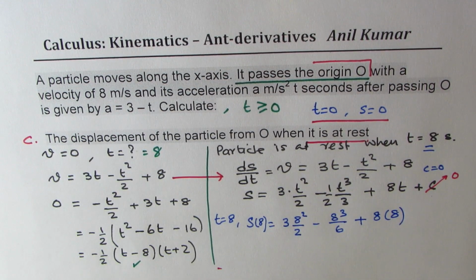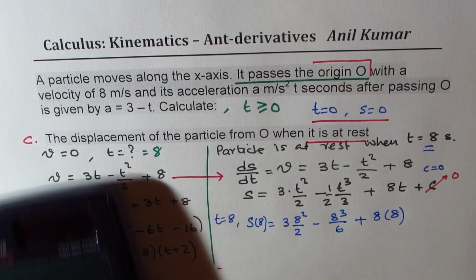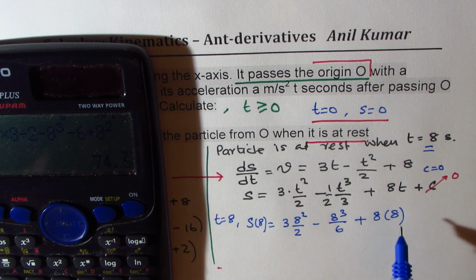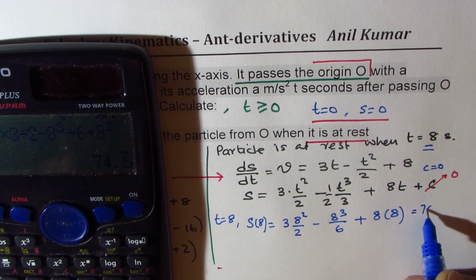That is the answer, correct? So let's use the calculator and figure it out. So we have 8 squared times 3 divided by 2 minus 8 cubed divided by 6 plus 8 squared, which is equal to, we'll write the decimal equivalent of this, 74.66.